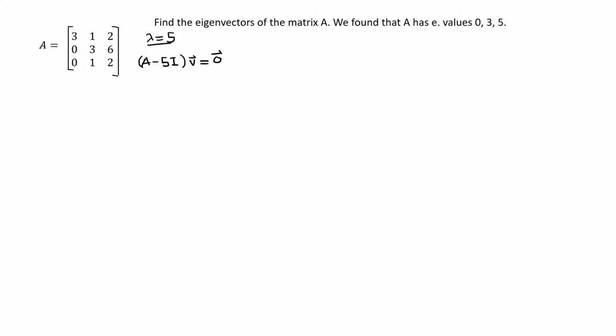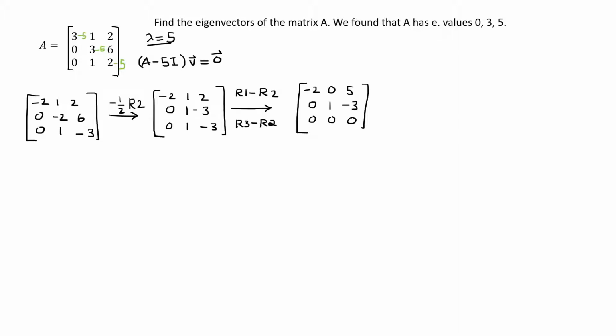That means I'm going to just be subtracting 5 from everything on the diagonal. Okay. So I end up with the matrix negative 2, 1, 2, 0, negative 2, 6, 0, 1, negative 3. And I'm going to row reduce this again.